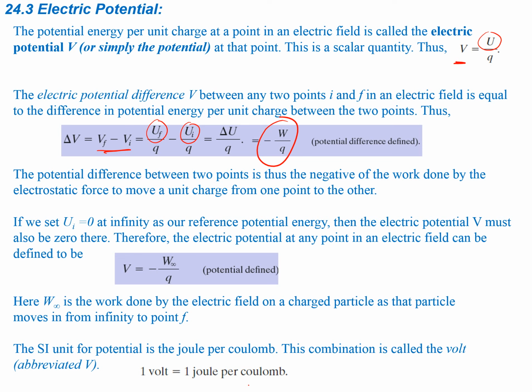All right. So if we set our initial potential energy to 0 at infinity, which is our reference point for potential energy, then the electric potential V must also be 0. So we do this because it just simplifies everything for us. Just like when we're talking about gravitational potential energy, you're always setting some 0 point, right?